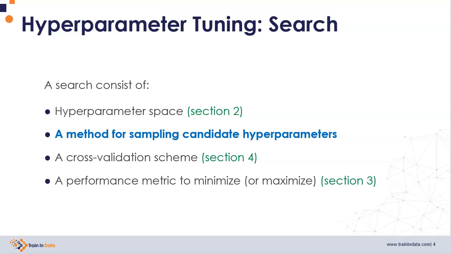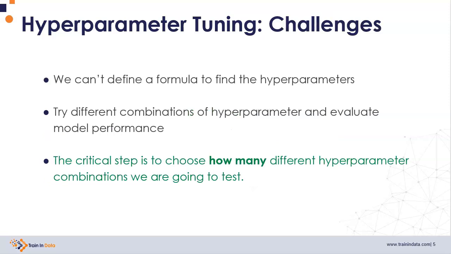Now, there are a few challenges to select the best hyperparameters. The first one is that we can't define a formula to find the hyperparameters, so we're basically left with trying different combinations of these hyperparameters and then evaluating the model performance.